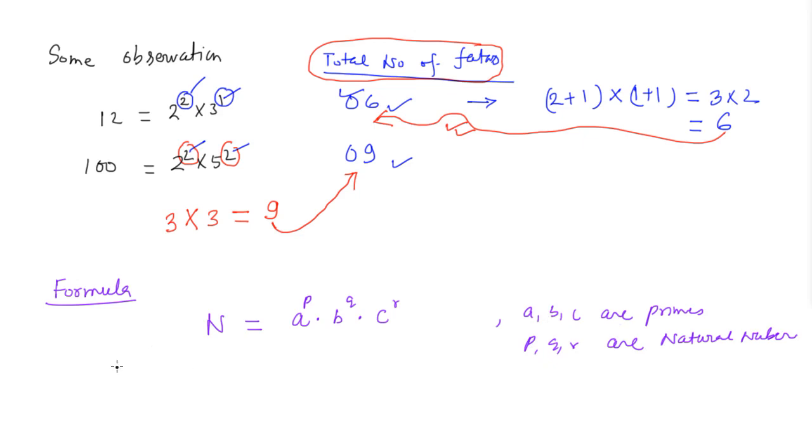The total number of factors of n can be written as (p plus 1) times (q plus 1) times (r plus 1). This will give the total number of factors of this number.